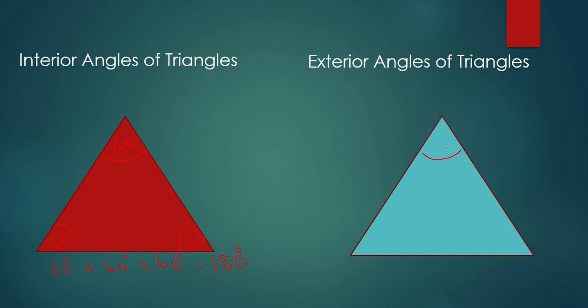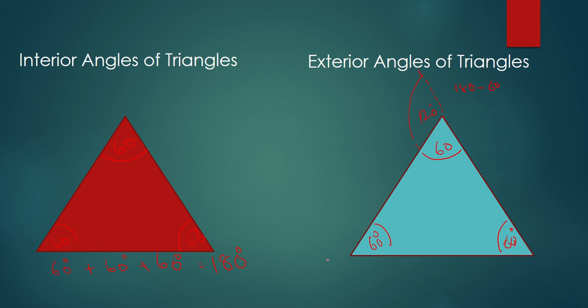So this is an interior angle, and an exterior angle means you extend the side of the interior angle and you will get an exterior angle. Now this becomes a supplementary angle. This is 60, so 180 minus 60, we get 120. So the exterior angle is 120.